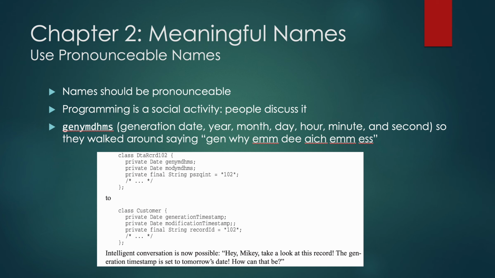For example, this name, Gen Y MDHMS, is one that Uncle Bob mentions, where people would just go around saying Gen Y MDHMS, and if you try to read the code, you're going to be like, Genimdimus something. It's very hard to use this in vocabulary and reference it. So just make sure you're using names that are pronounceable.